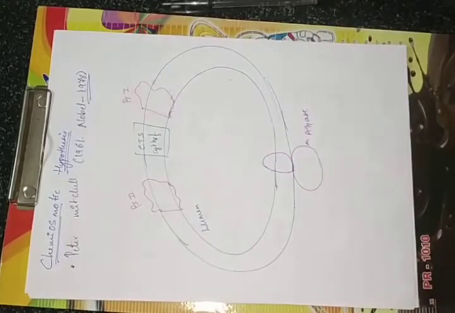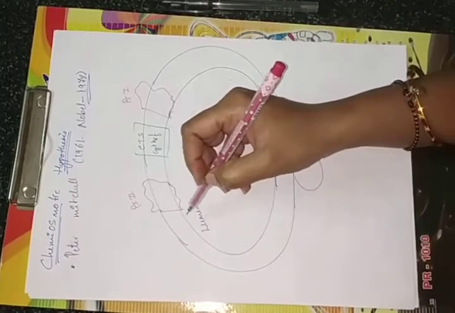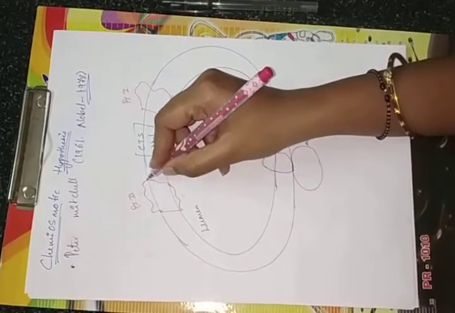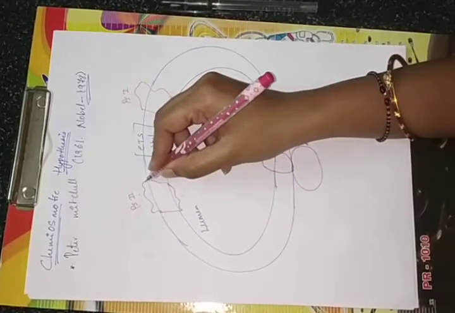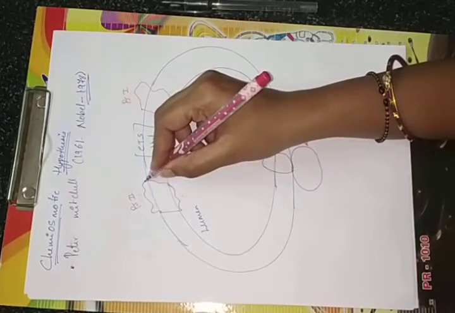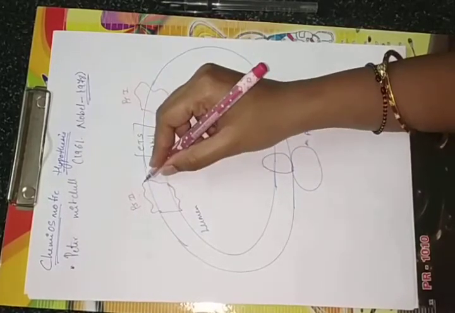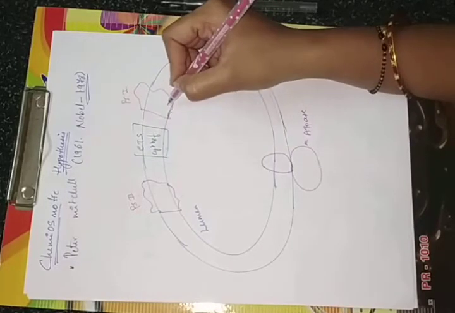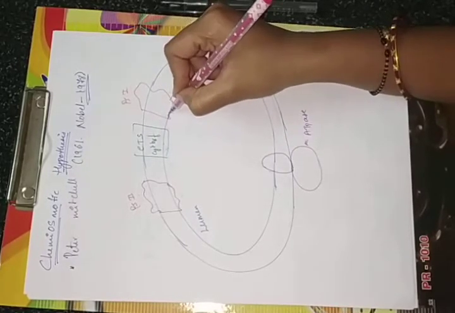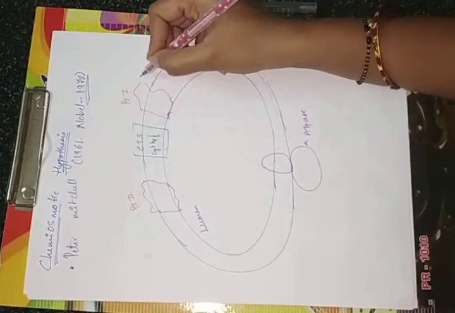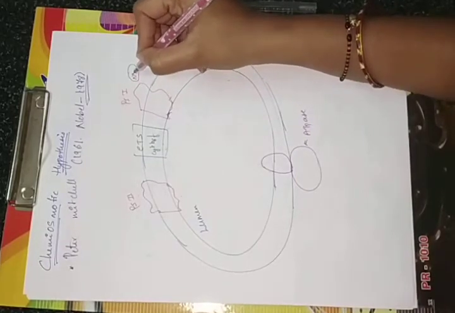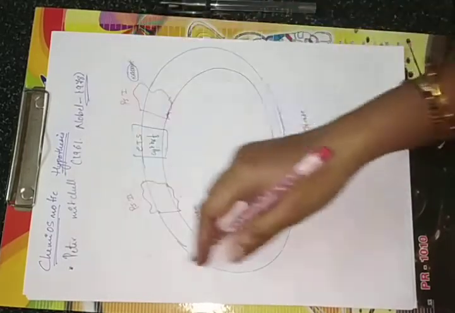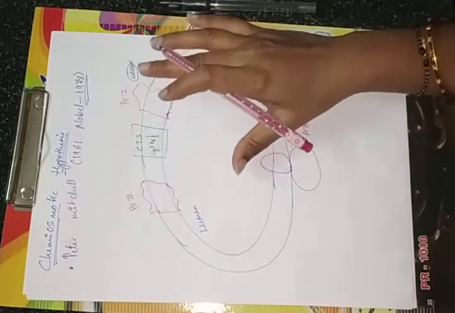Now what happens when an electron is ejected from PS2, that ejected electron is given to the plastoquinone, and then the plastoquinone gives that electron to the electron transport system, and that electron transport system hands over that electron to PS1. Then that electron is finally carried by NADP plus, isn't it? This is what actually happens in the non-cyclic pathway.